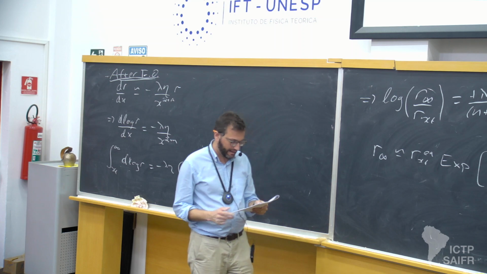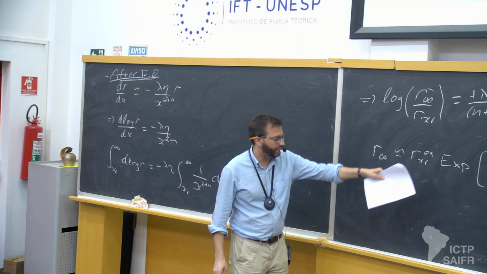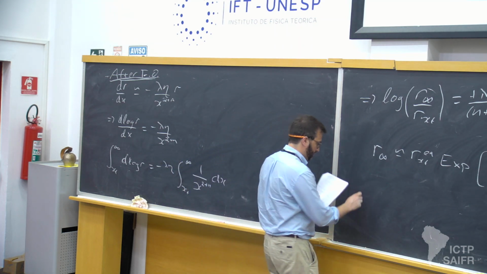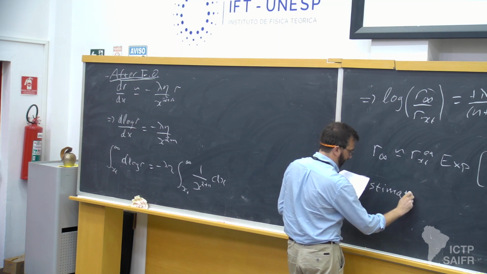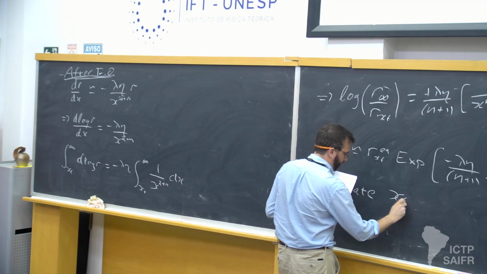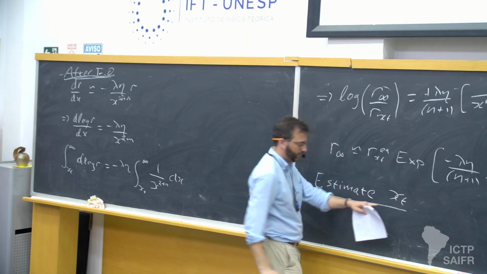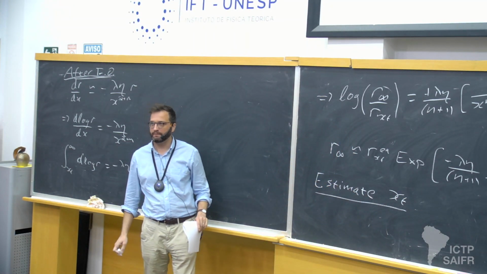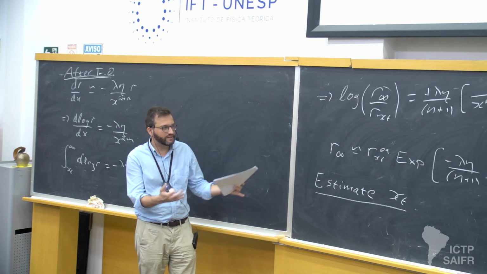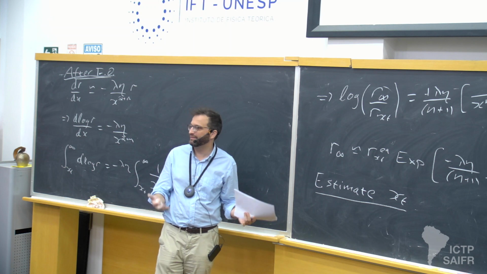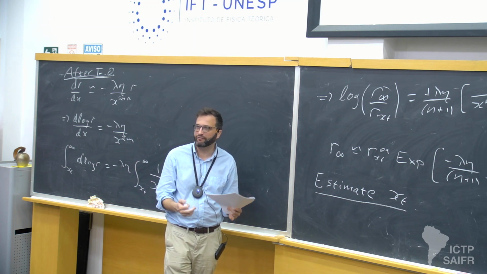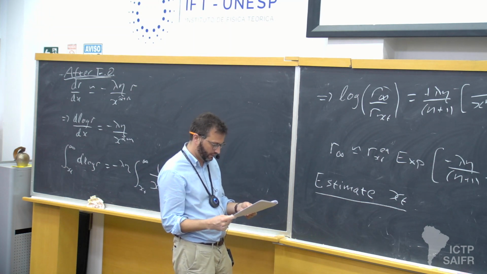Now we need to estimate xf, the freeze out time. As you can see, the strategy of solving this is very similar to the symmetric dark matter freeze out case we saw yesterday.